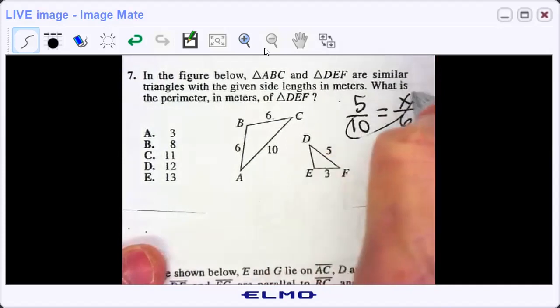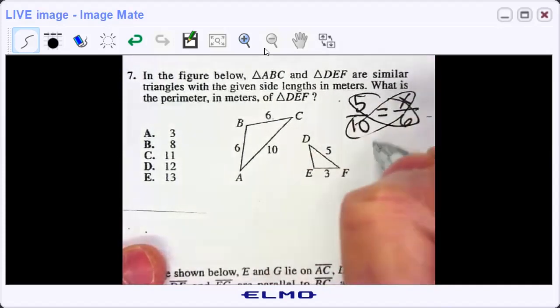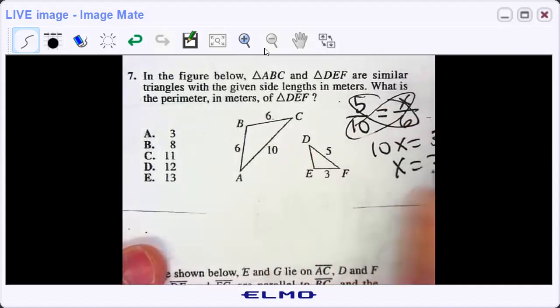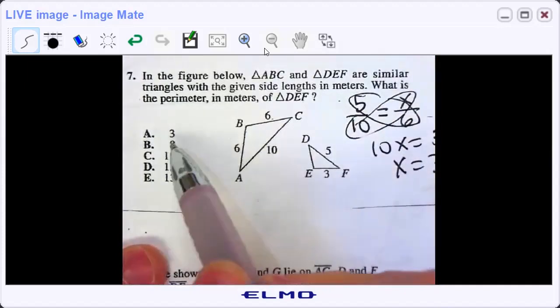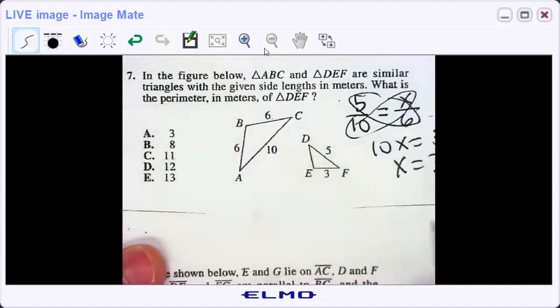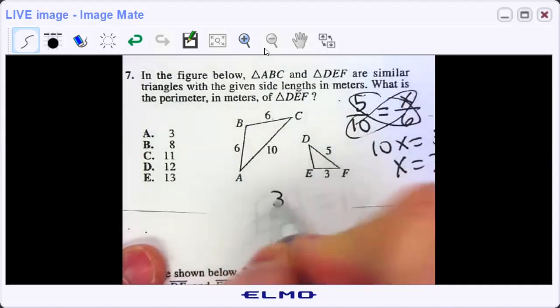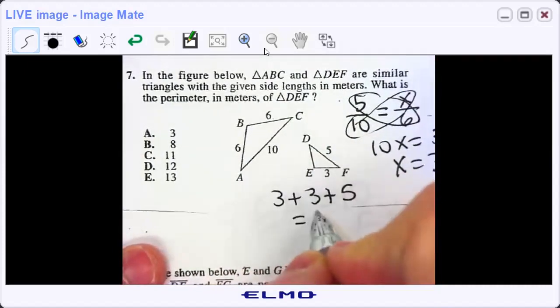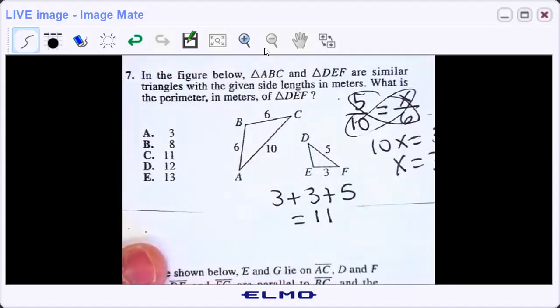And then when you do that cross multiplication, you would get 10x is 30, so x is 3. Now, that's one of the answers, but that's not the answer we're looking for because we need the perimeter. So now we're just going to add up 3 plus 3 plus 5, which is 6 plus 5, which is 11. So this should be answer number C.